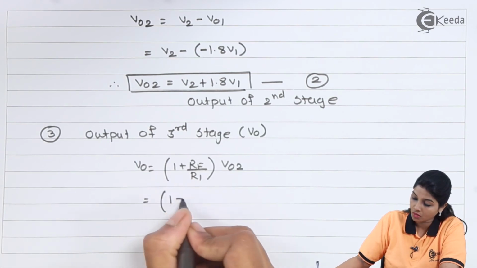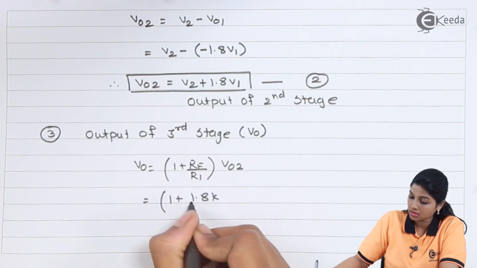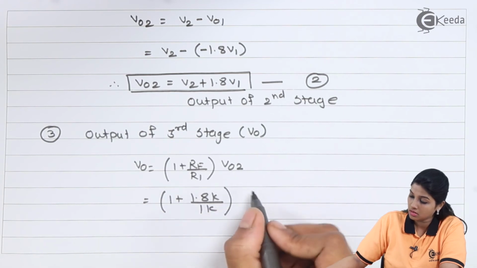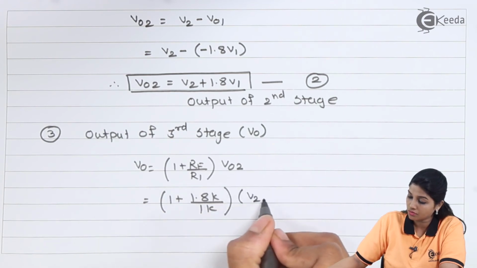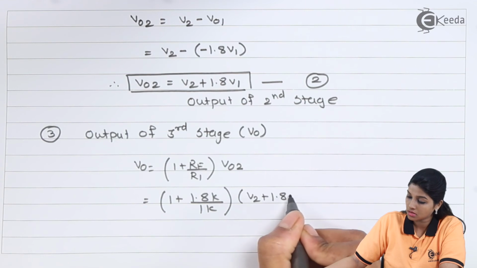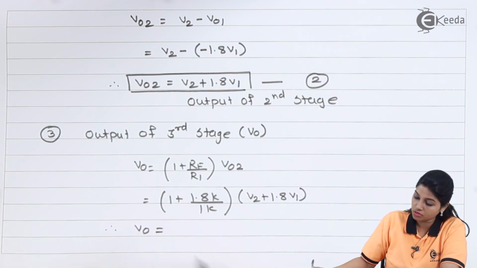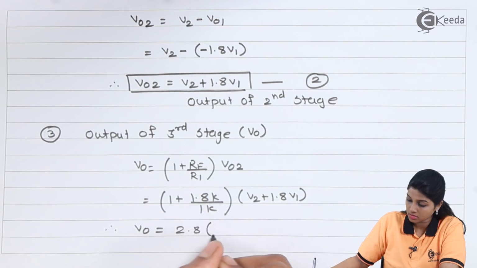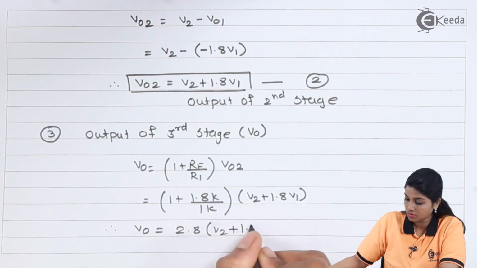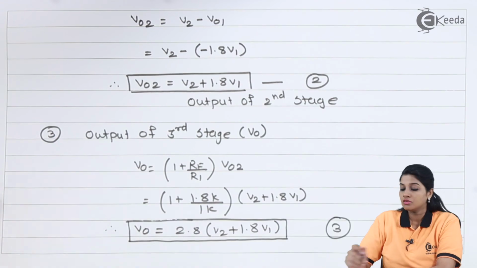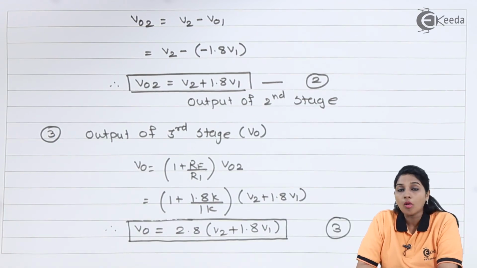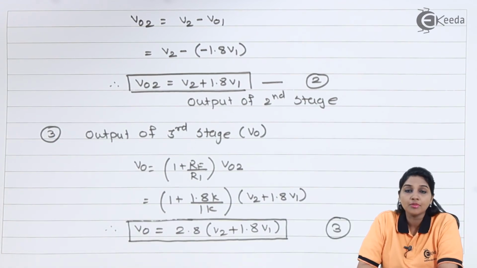Therefore 1 plus 1.8K divided by 1K into VO2 value is V2 plus 1.8 V1. So we will get VO equals to 2.8 V2 plus 1.8 V1. So this is the final output that can be obtained by using a non-inverting amplifier, which is nothing but the third stage of the given circuit.